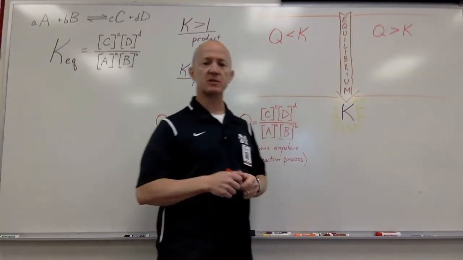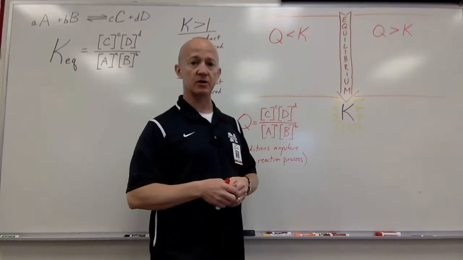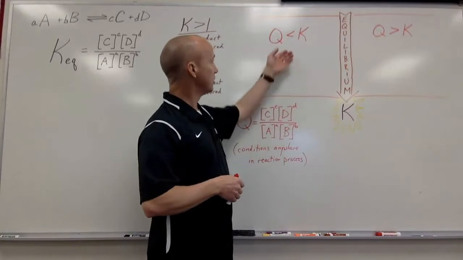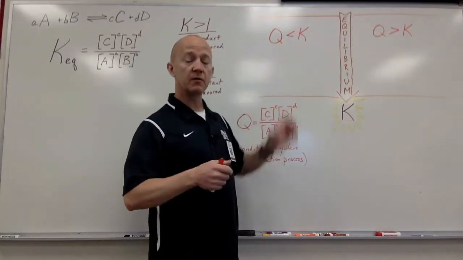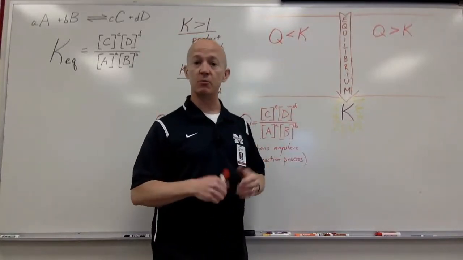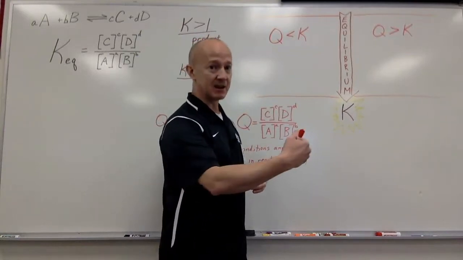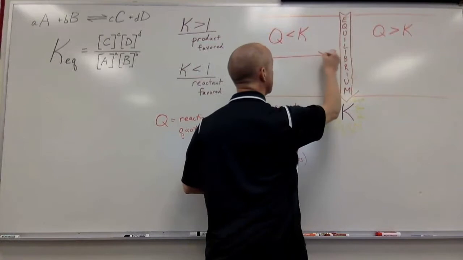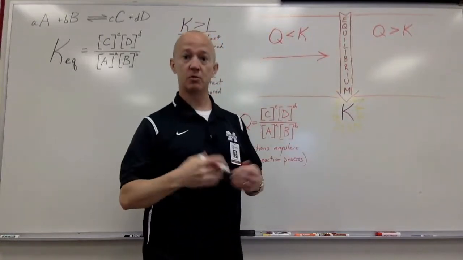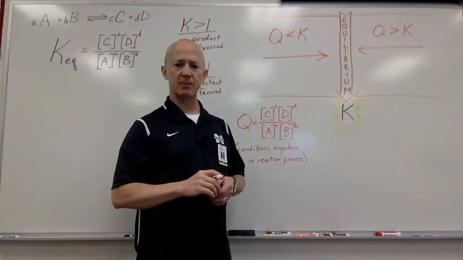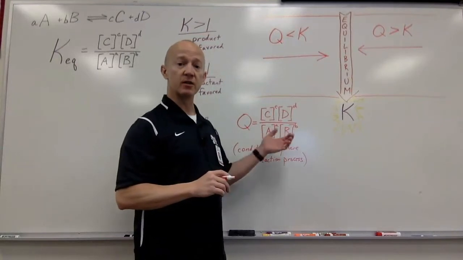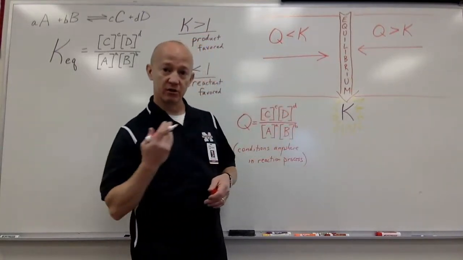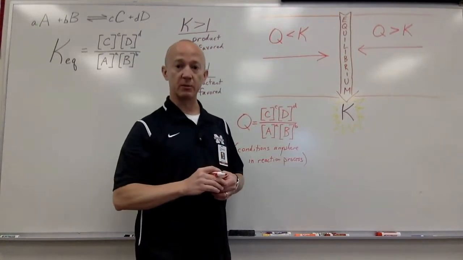So let's say we take some samples during the reaction of our reactants and products, and we find that when we calculate Q, Q is less than K. If Q is less than K, it means that the reaction has not gotten to equilibrium. And so the reaction is going to proceed to the right, toward equilibrium. If we take samples and we find that Q is greater than K, that means the reaction is going to progress to the left, back toward equilibrium.